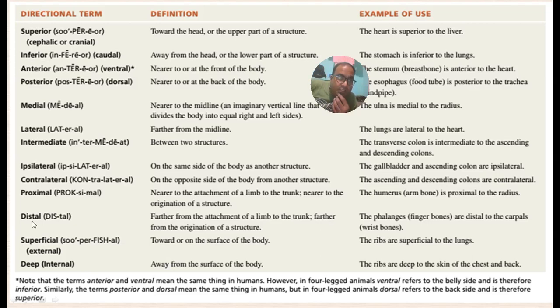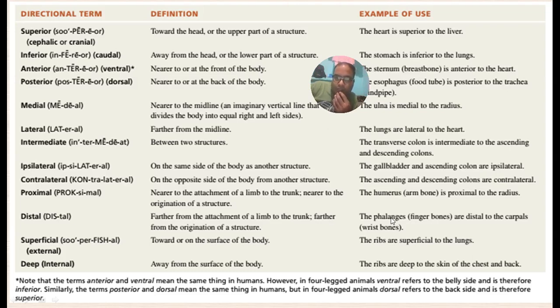Distal means further from the attachment of the limb to the trunk, or farther away from the origination of the structure. For example, phalanges, finger bones, are distal to the carpals, wrist bones. Wrist bones are nearer, and the fingers are at the last, away from the place of origin, like our shoulder bone.